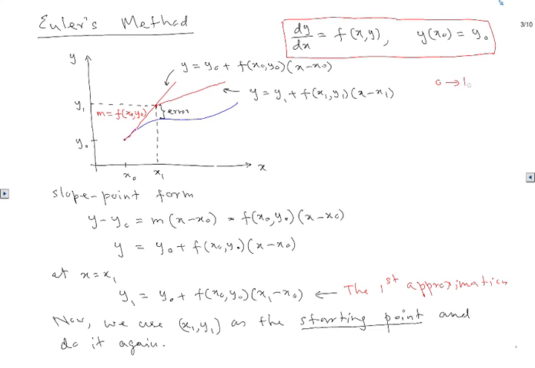So you simply transform 0 to 1, and in the next step you're going to transform 1 to 2. Just keep doing it.